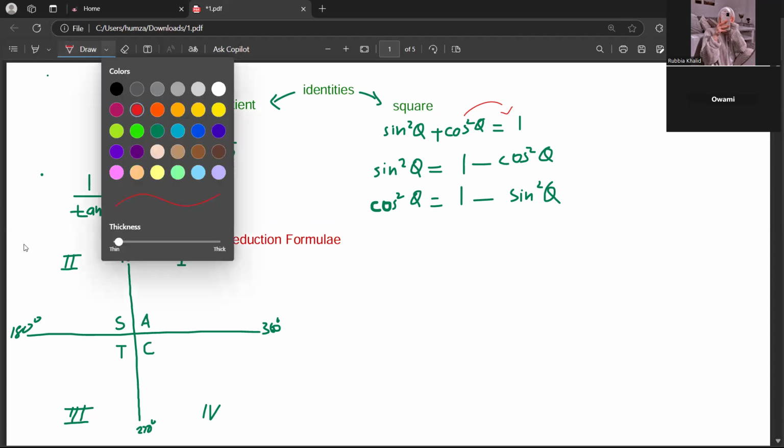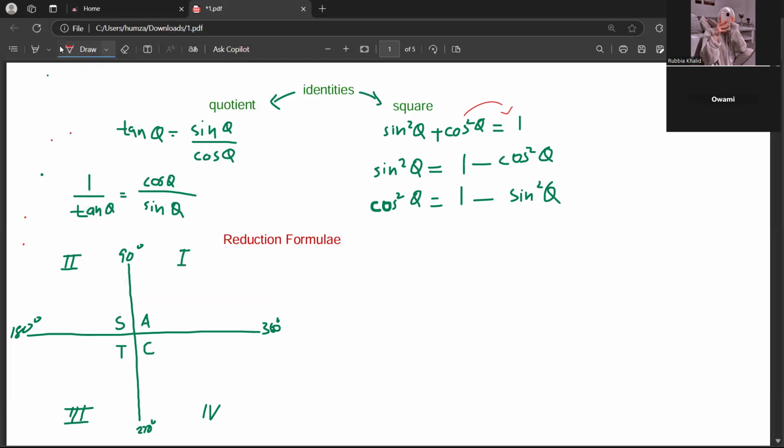Now the reduction formulas are, the first reduction formula is your 180 degrees minus theta. Then we have 180 degrees positive theta.